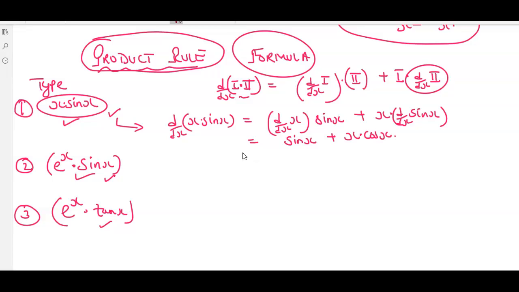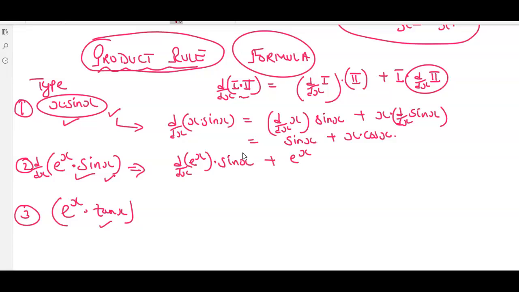Again, now my knowledge has been increased. Now I have to use the product rule with the basic formulas. In a similar pattern, if I want to know the derivative of e to the power x into sin x, I'll be doing the same thing. It is derivative of e to the power x, sin x as it is.